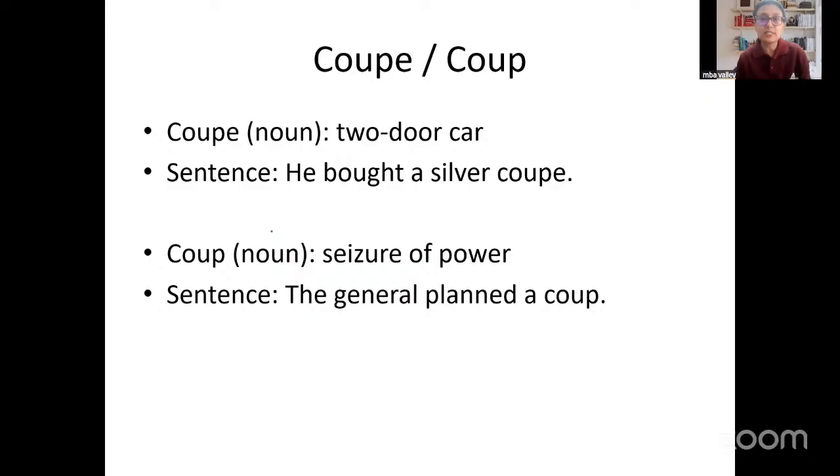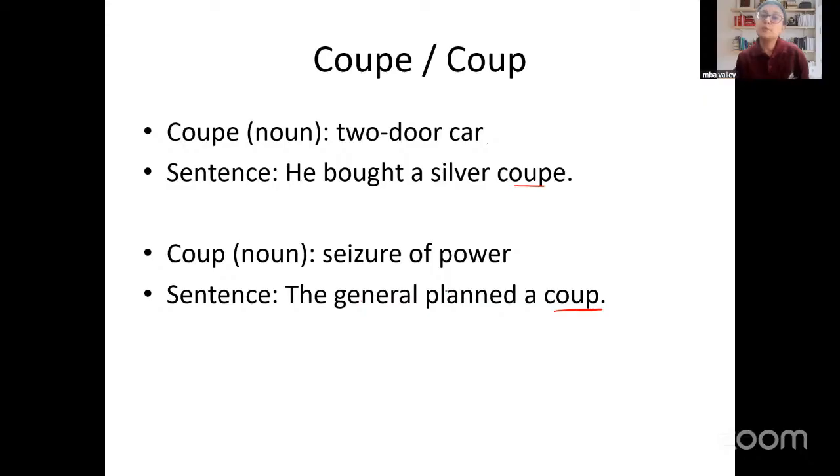Okay, a very interesting set. Coupe. Now, coupe is a two-door car, right? He bought a silver coupe. A very, very close word, which a lot of people misunderstand, is COUP. Coup is seizure of power. The general planned a coup.